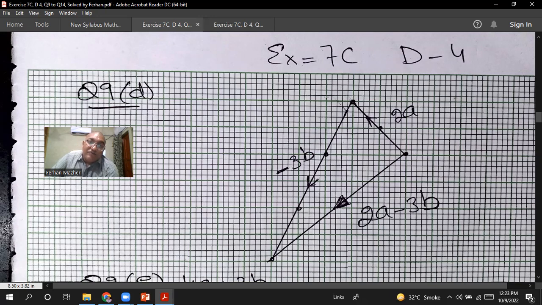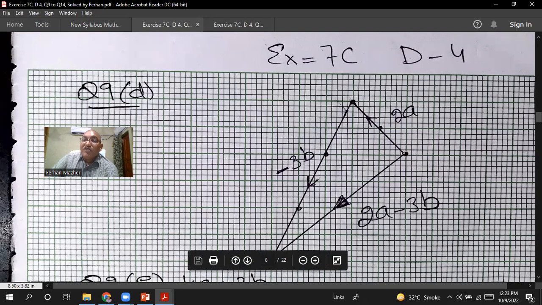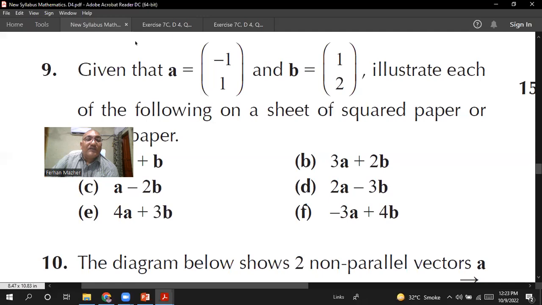So that's one step to the left, two steps down, one to the left, two steps down, one to the left, two steps down. So join these, this is minus 3b. Then join the tail of the first with the head of the last, okay? So that will represent 2a minus 3b, so very simple. Okay, so that was the D part.